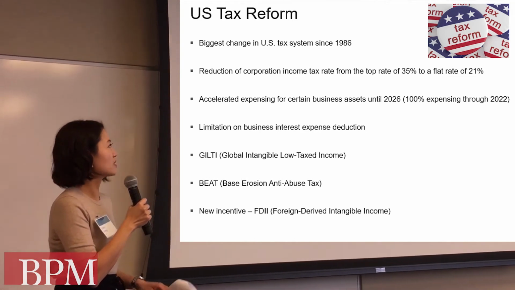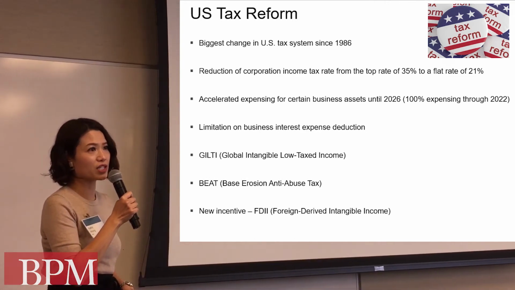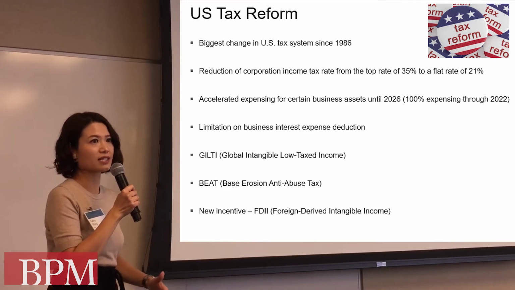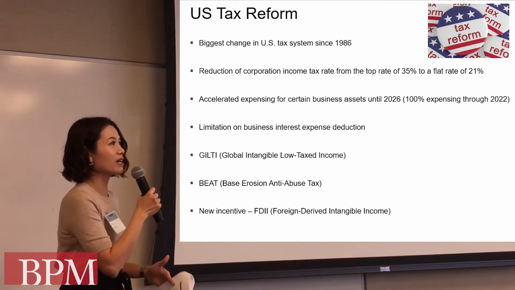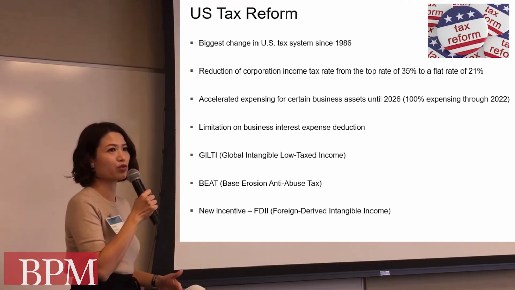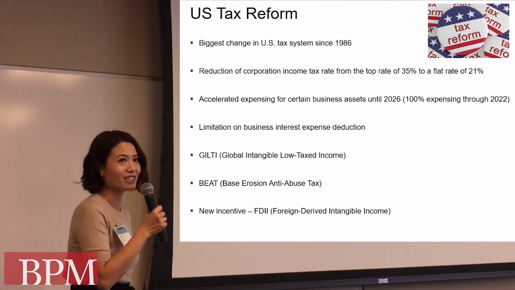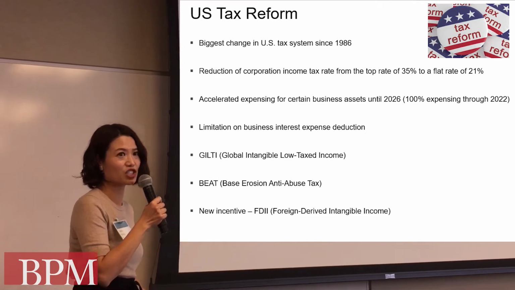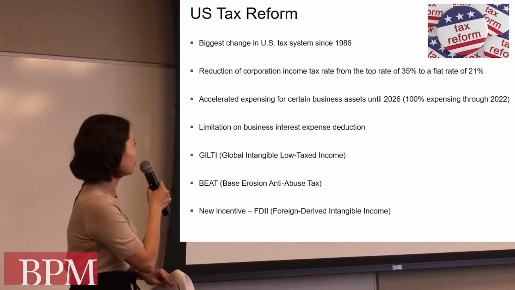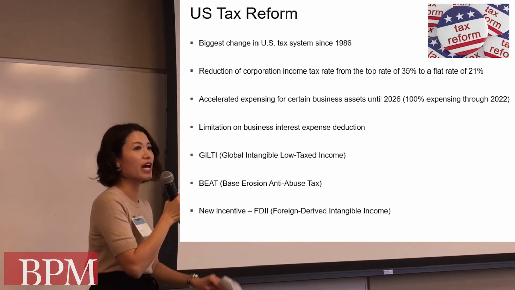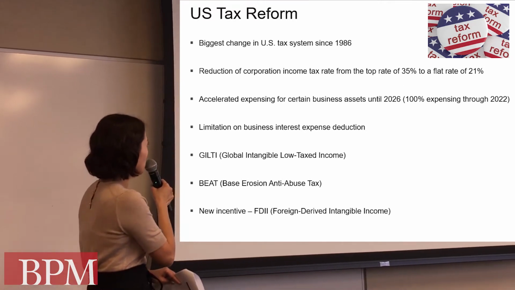But now there's an incentive for companies to invest in this type of fixed assets, where you can get a 100% deduction in the first year. So it's always good to have more deductions and accelerated deductions. That's a good incentive for business planning to invest in fixed assets.